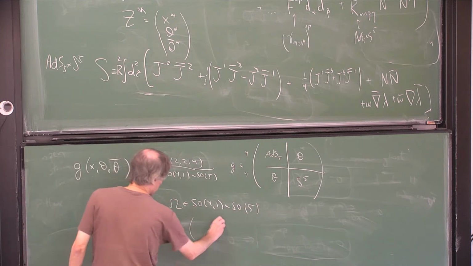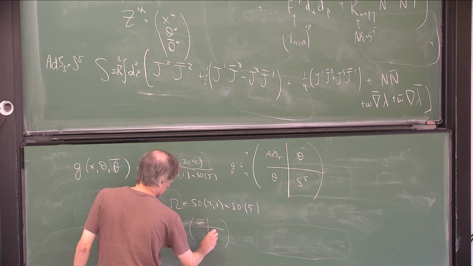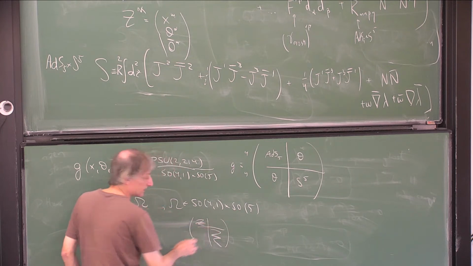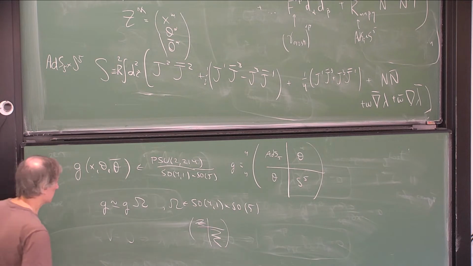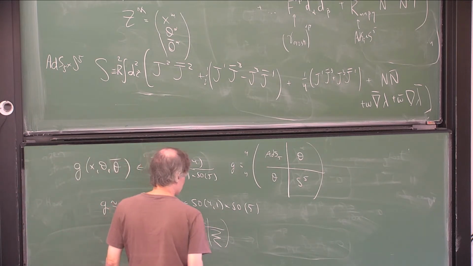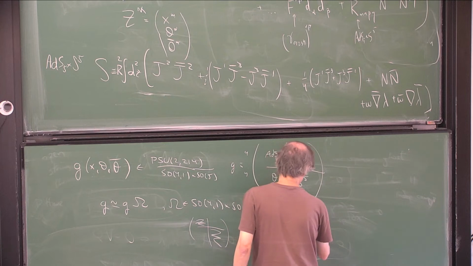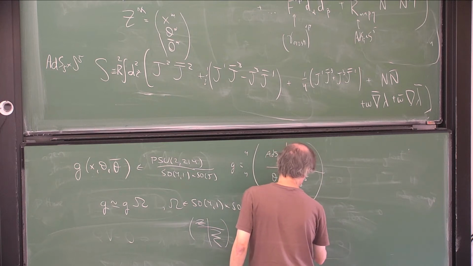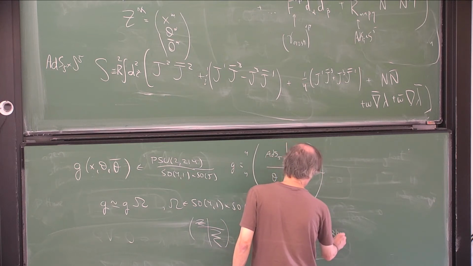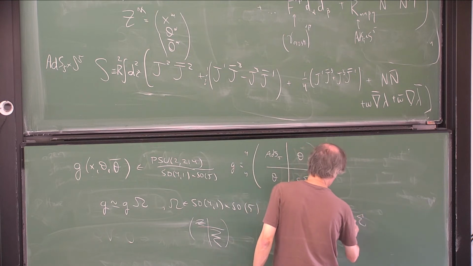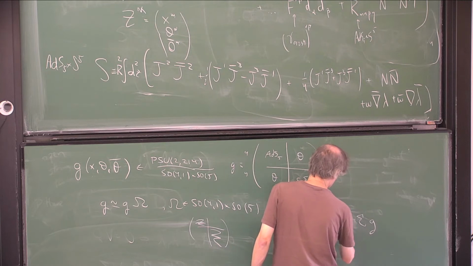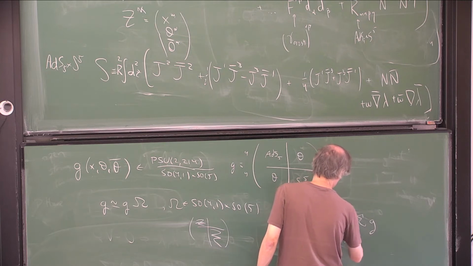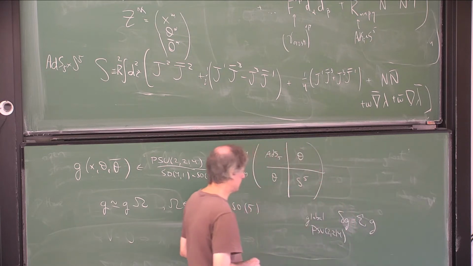Omega would just be a block diagonal where these elements are in SO(4,1) times SO(5). And the PSU(2,2|4) generators, so the global PSU(2,2|4), it just acts on G by multiplication on the other side.